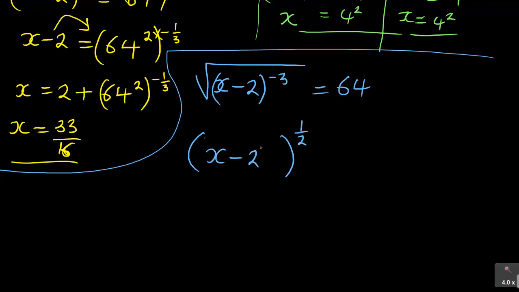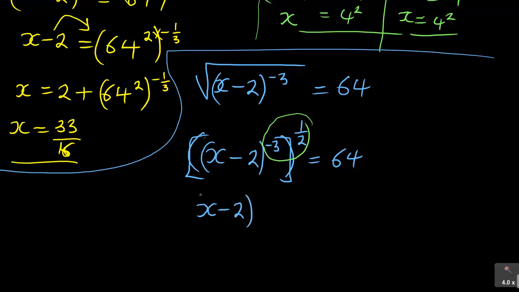All right. Then you have got the inner bracket of negative 3. So it's more like this one is the bigger square bracket like that to be just proper, is equal to 64. Now, these two, let me use a different marker now to say, look at these two exponents. They are multiplying each other. So you are multiplying 3 times half. So what you're going to be having is x minus 2.